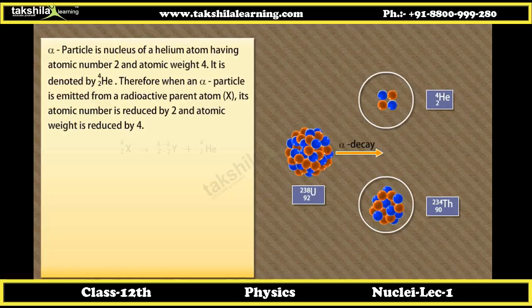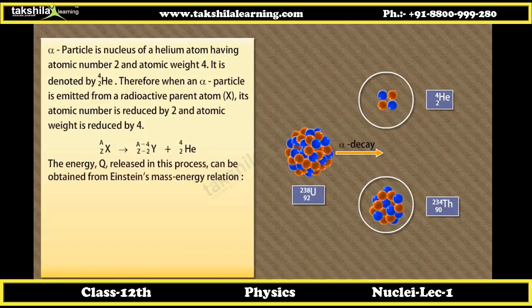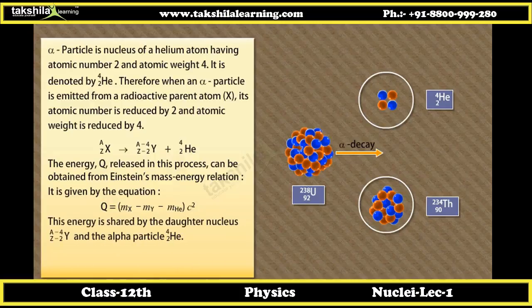The energy Q released in this process can be obtained from Einstein's mass-energy relation. It is given by the equation Q = (mX − mY − mHe)c². This energy is shared by the daughter nucleus and the alpha particle.